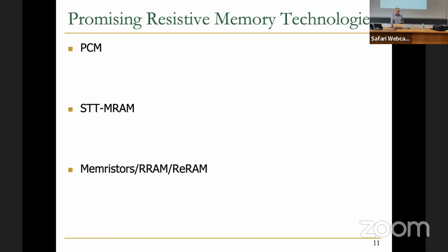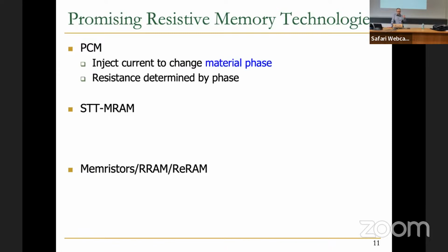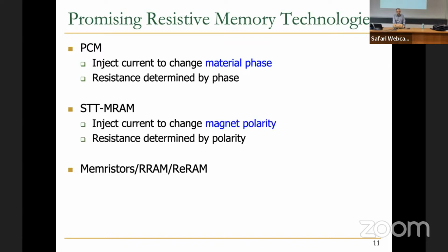There are promising resistive memory technologies like PCM, where you inject current to change the material phase, and resistance is determined by phase. In STT-RAM, you inject current to change magnet polarity. There is a quite small magnet, you can call it a nanomagnet, and resistance is determined by the polarity of that magnet.